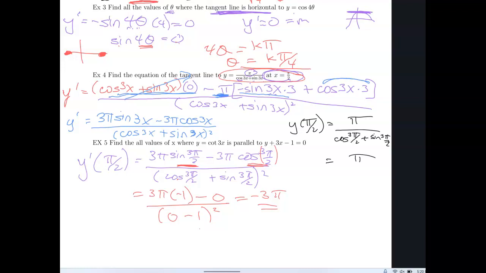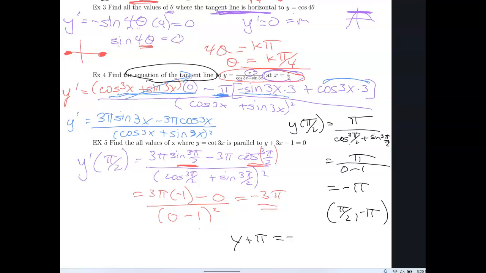So that gives me pi, and this is 0, and this is negative 1, so I get negative pi. So my xy point is pi over 2, negative pi. Putting it together, equation of the tangent line: y plus pi equals negative 3 pi times x minus pi over 2.